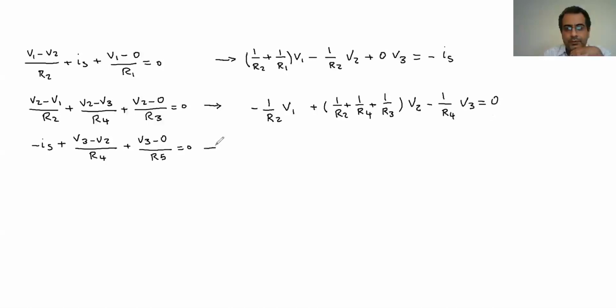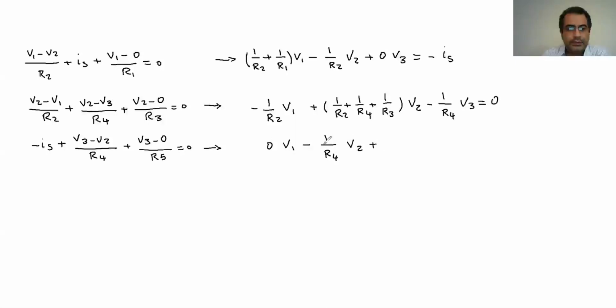And then for the last one, again, I start with the V1. I don't have any V1, so I put 0 V1. Plus, for the V2, I have only one term here. It is negative 1 over R4 V2.